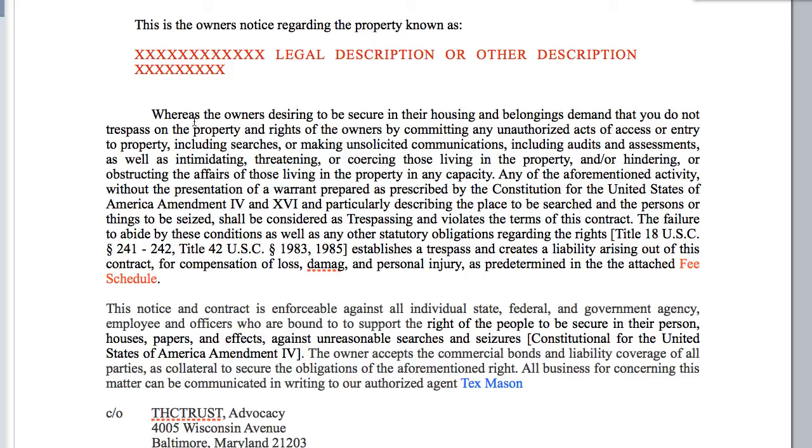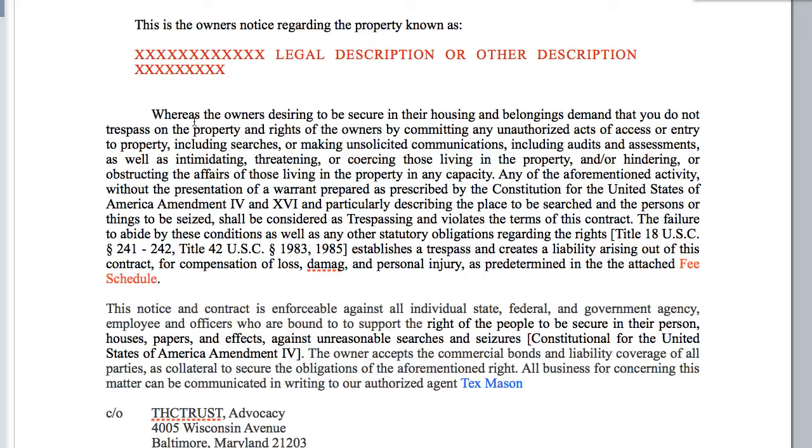The failure to abide by these conditions, as well as any other statutory obligations regarding these rights, Title 18 U.S.C. subsection 241 through 242, Title 42 U.S.C. subsection 1983, 1985. Now, mind you, I put those in brackets because those are just other statutory obligations that they are required to follow.